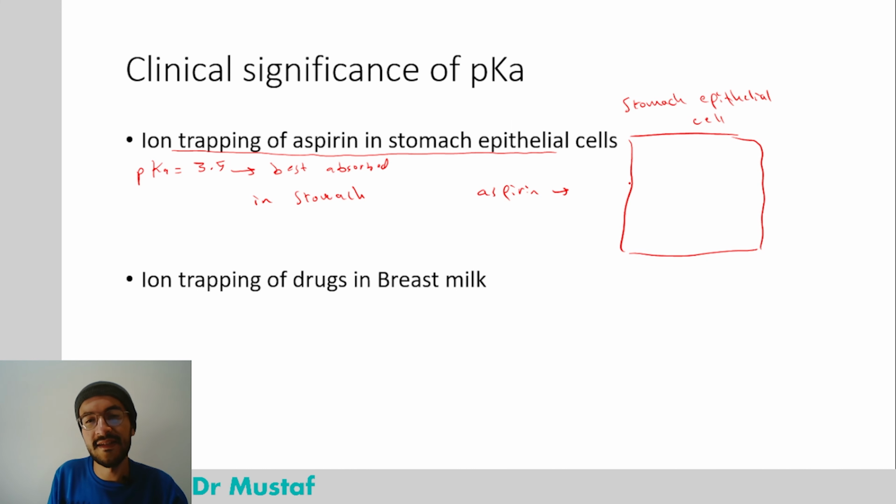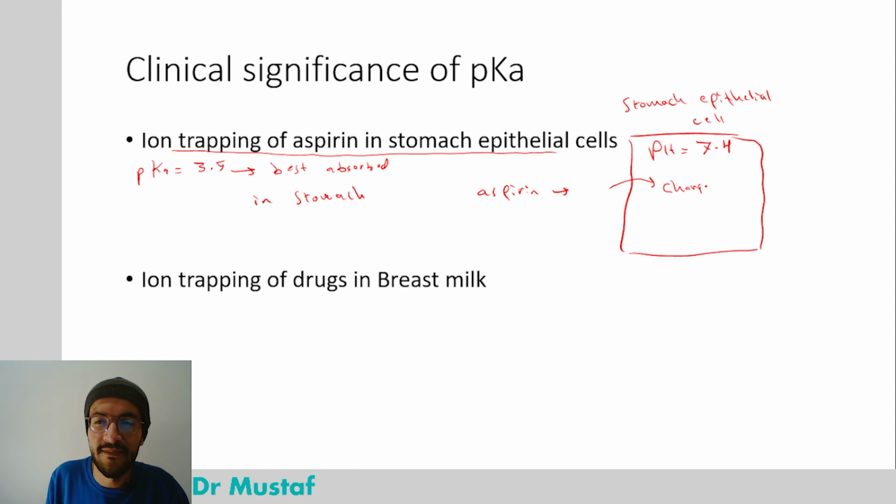The stomach epithelial cell has a pH of 7.4, which is equal to the normal body pH. And when the aspirin is acidic and it comes inside the stomach epithelial cell, the aspirin gets charged.